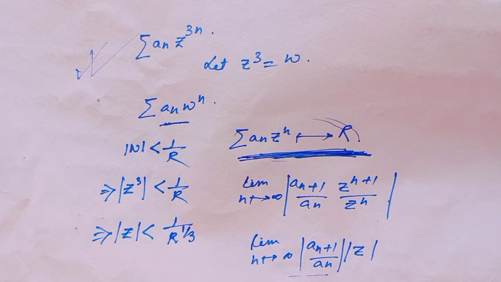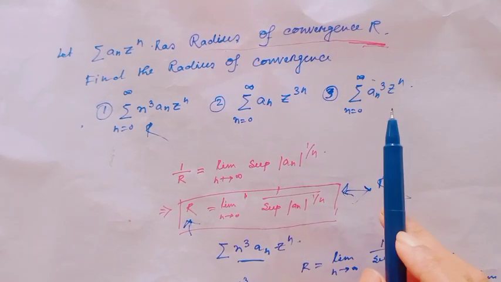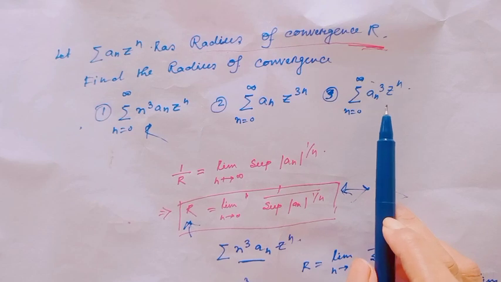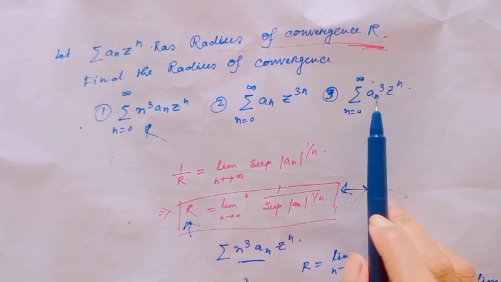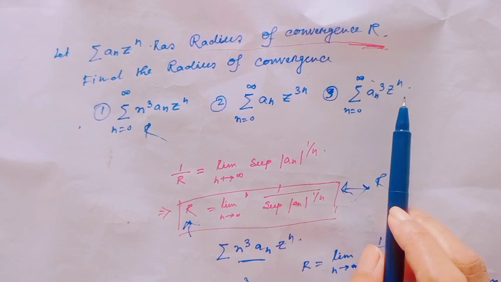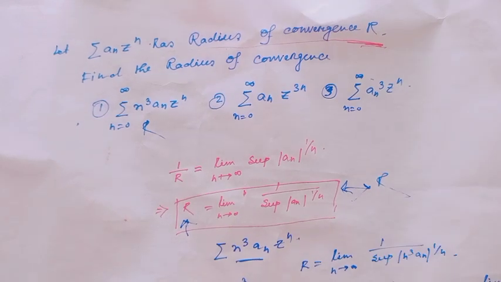Okay? Now we have to find the radius of convergence of this type of power series. Here, the power series looks like the series n equal to 0 to infinity a n cube z n. What is the radius of convergence of this type of power series?